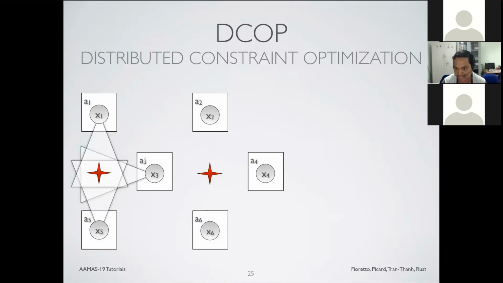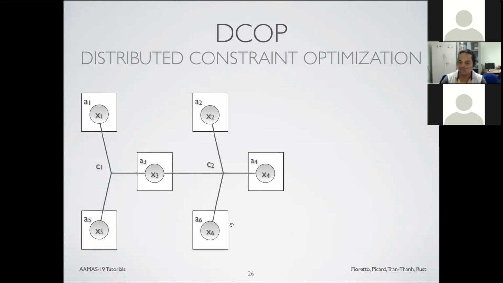A3 is the agent responsible for choosing the values of X3. A5 is the agent responsible for choosing the value of X5. A2 is the agent responsible for choosing the value of X2. A4 is the agent responsible for choosing the values of X4. Similarly for A6.